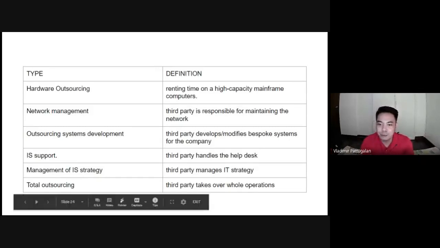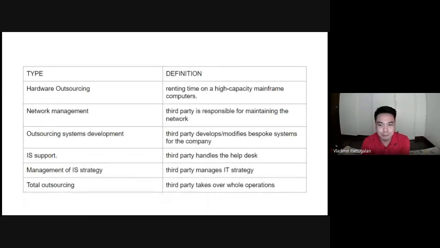And for the last two, they are management of IS strategy and total outsourcing. They may seem similar, where whole functions are being outsourced to the third-party vendor.